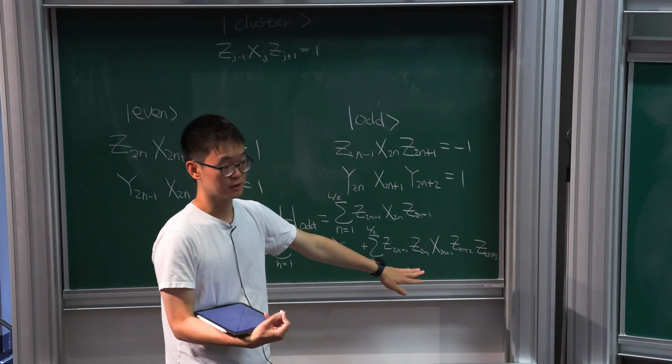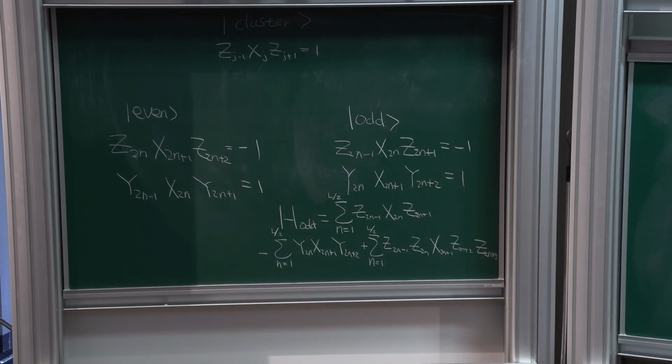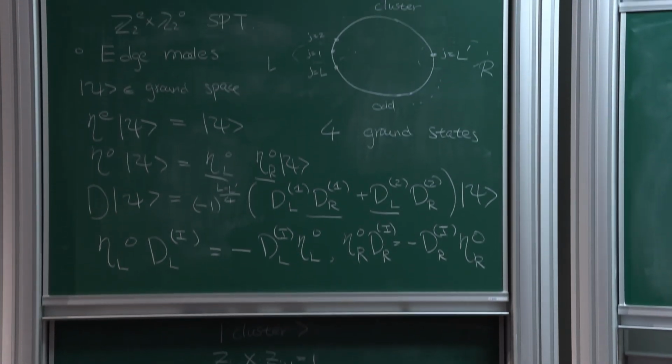So it's a 5-spin interaction, ZZXZZ. And as to the interface Hamiltonian, you just put cluster in the upper half, this guy in the lower half.